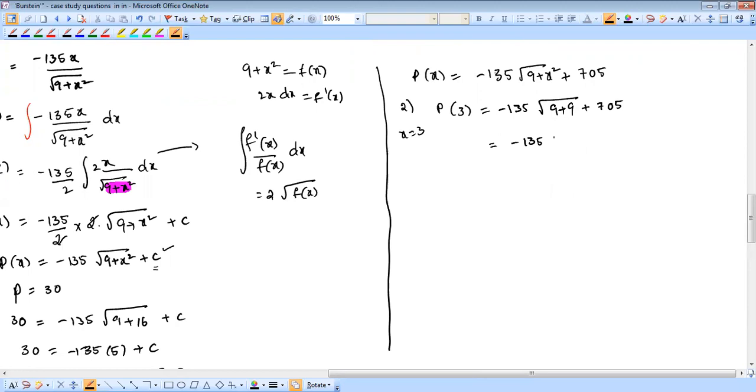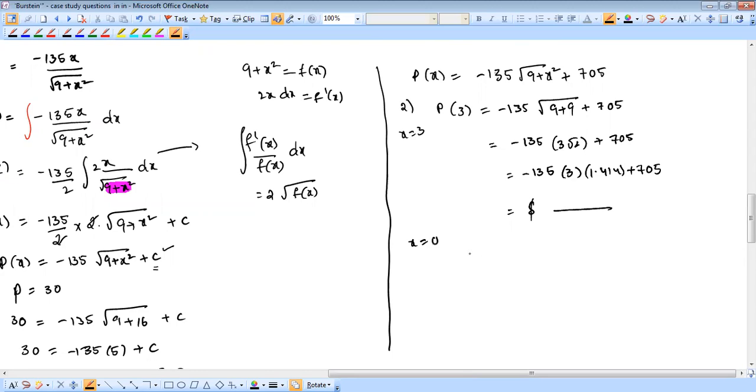Root 18, if you simplify, is 3 root 2, plus 705. So minus 135 into 3 into 1.414 plus 705. If you simplify, we will definitely get the answer in dollars.